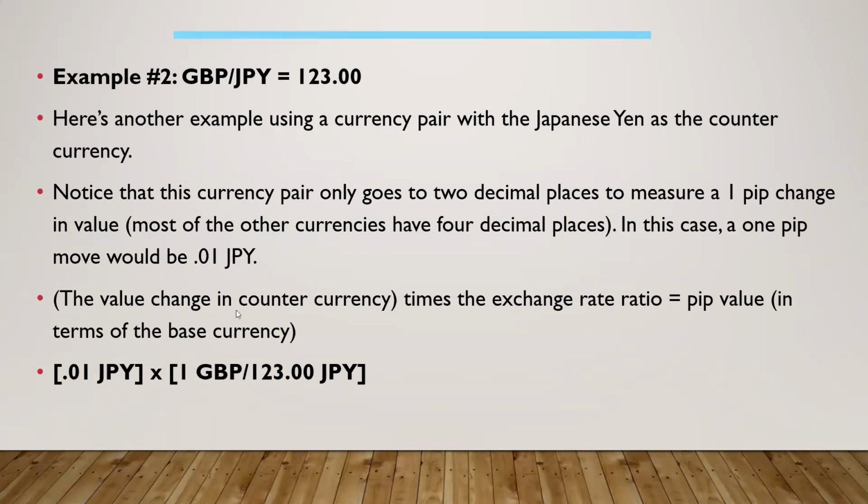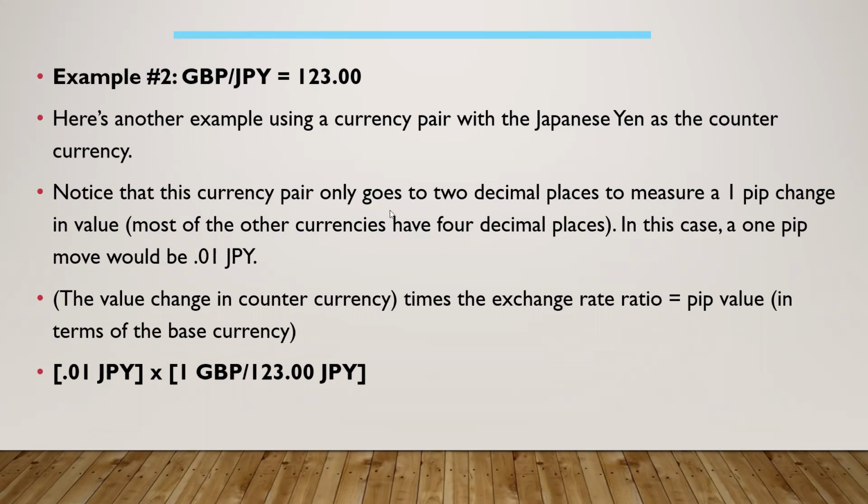So the value change in counter currency times the exchange rate ratio equals the pip value. The counter currency is JPY, and GBP is the base. Here is another example using the currency pair with JPY as the counter currency.